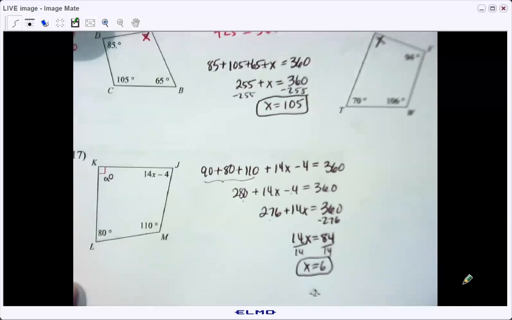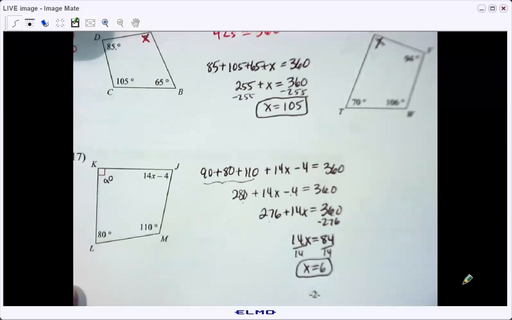Questions on any of those? At this point, you're either tracking with us or you're not. This is your last chance to get it. I can't control if you logged in and walked away, but this is what we're doing because I want you to be successful on this last effort.